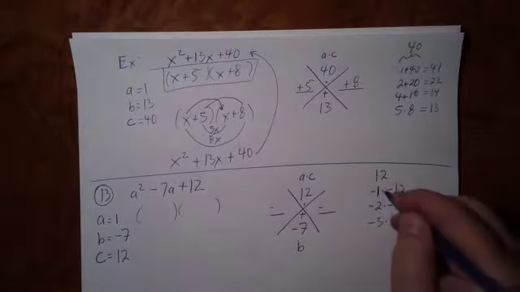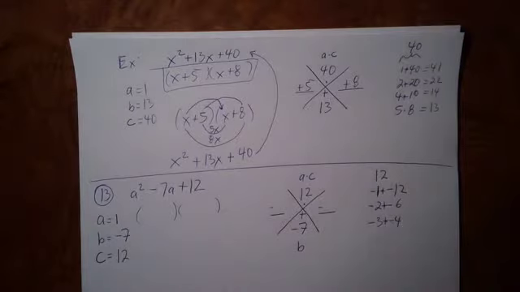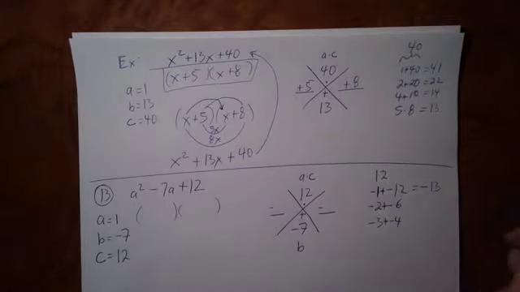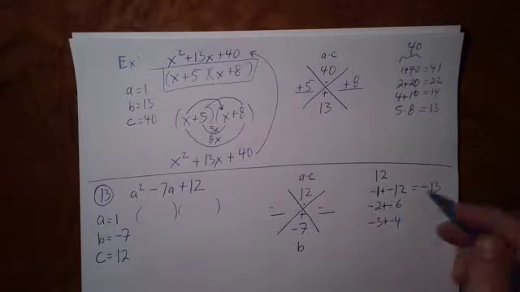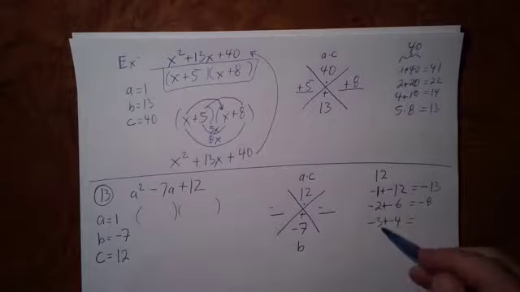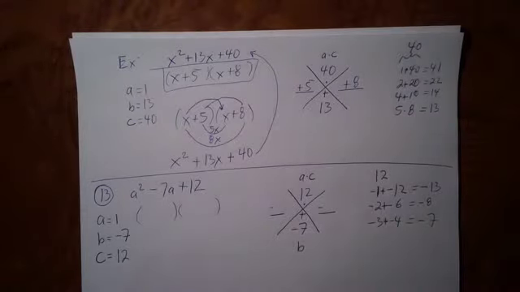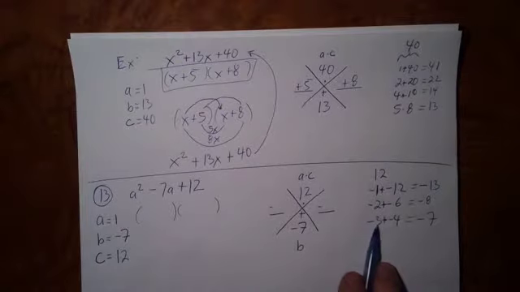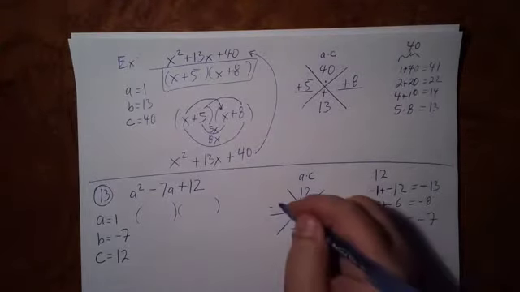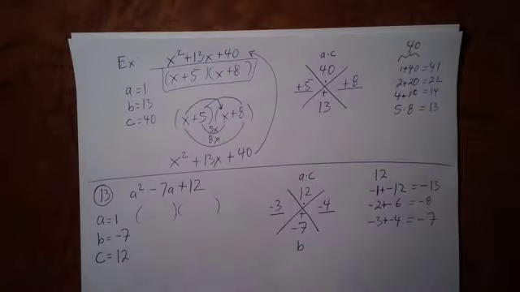However, if we were to add these numbers together now, negative 1 plus negative 12 will add to negative 13. Negative 2 plus negative 6 adds to negative 8. And only negative 3 plus negative 4 will add to negative 7. So since these numbers will both multiply to positive 12 and add to negative 7, we are going to put negative 3 and negative 4 for our numbers here.